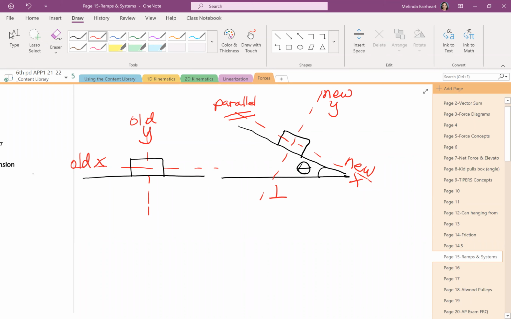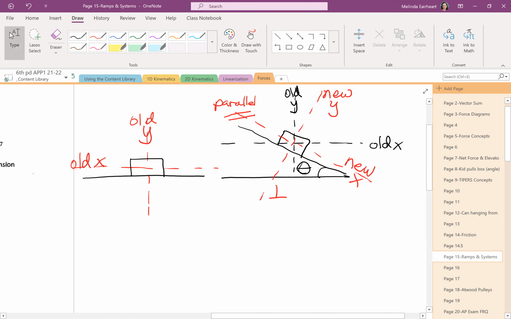Everybody good? Well, what if we put these two axes together? I'm going to take that old X, old Y, and we do a little geometry.